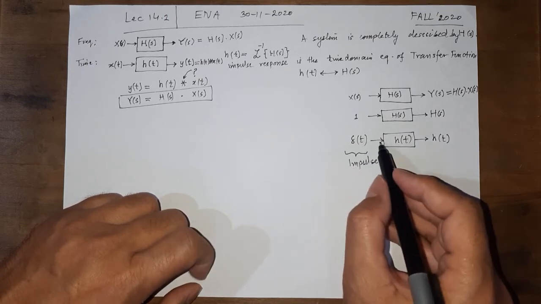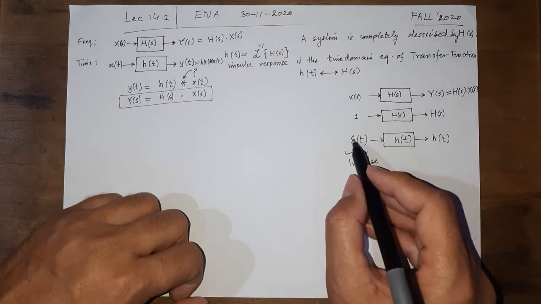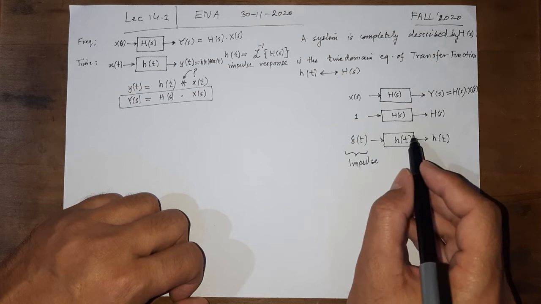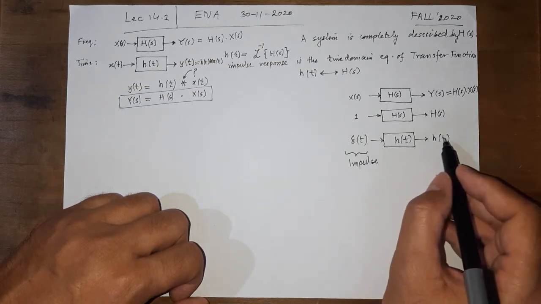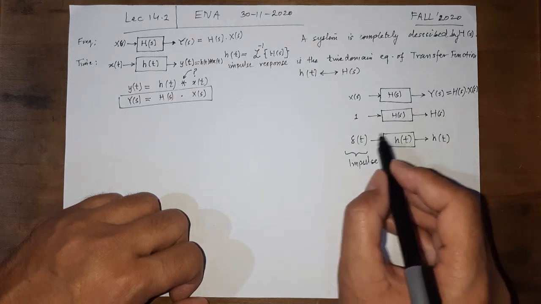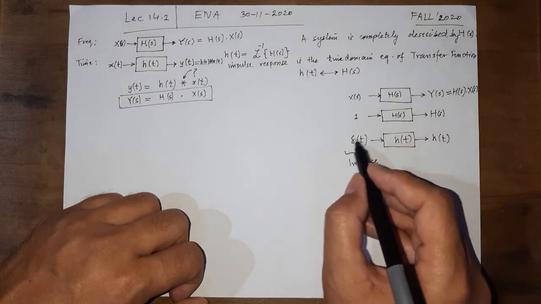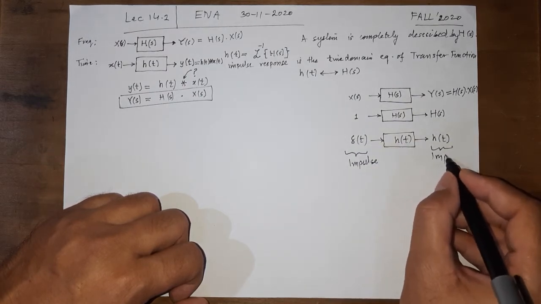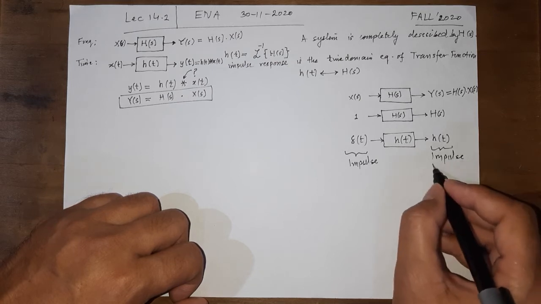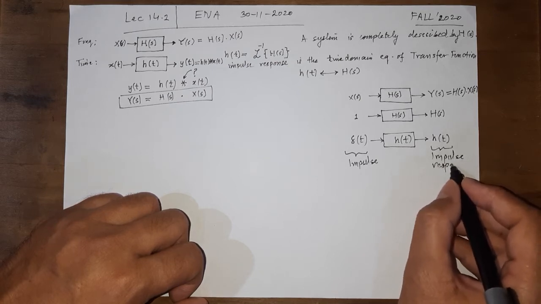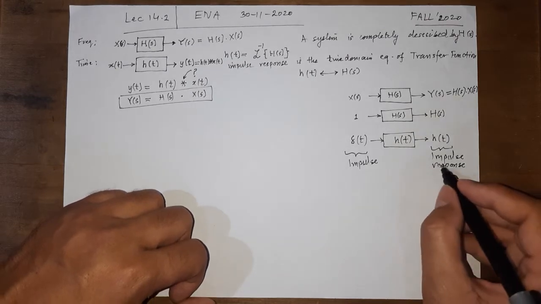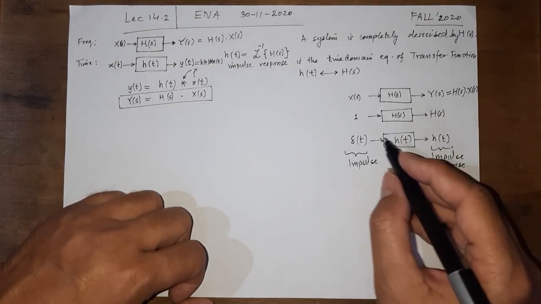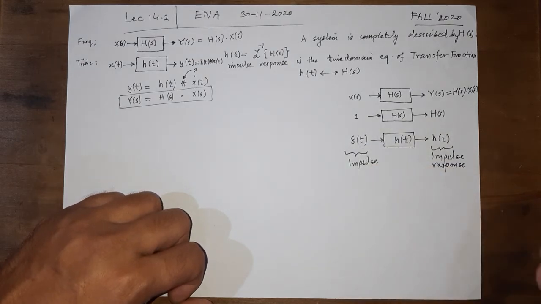So you see, when you apply a unit impulse in the time domain to a system, the output or the response you get for an impulse is the impulse response. So that is why the name is very logical. Impulse response is the output or the response of a system when the input is an impulse.